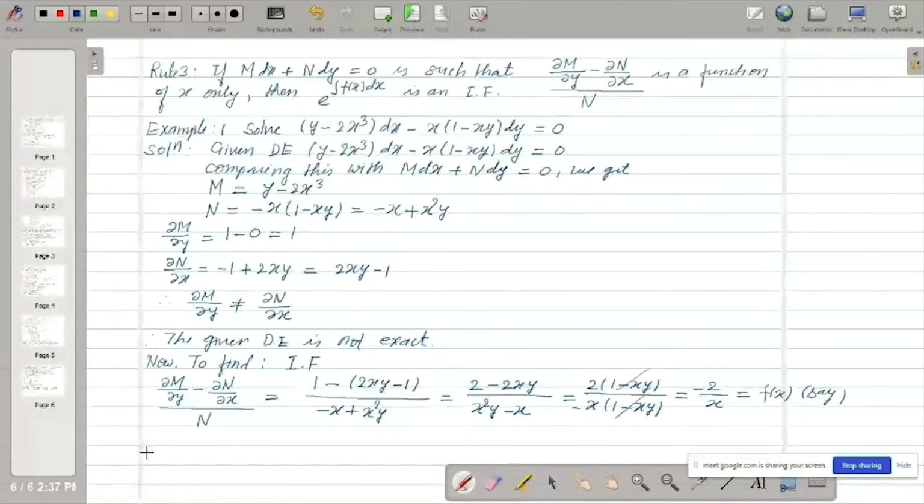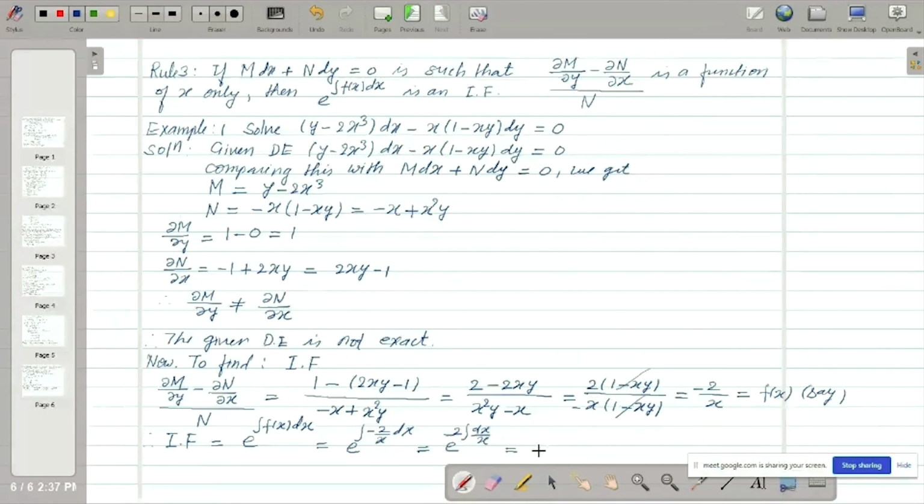Therefore, integrating factor equals e raised to integration of f of x dx. Now solve this. So this equals e raised to integration of f of x, which is negative of 2 upon x dx, and this equals, taking 2 outside, e raised to minus 2 integration of dx upon x.